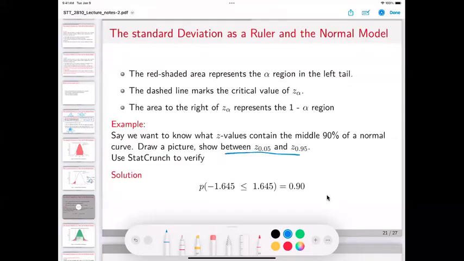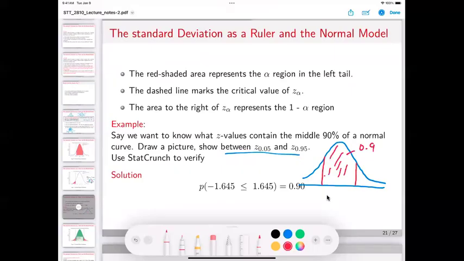So before we do that, let's draw the standard normal curve. So we have this here. Okay? And we are told that the middle is what? 90%. So if the middle is 90%, it means that this shaded region here is 0.9. Right? That is what we are told.